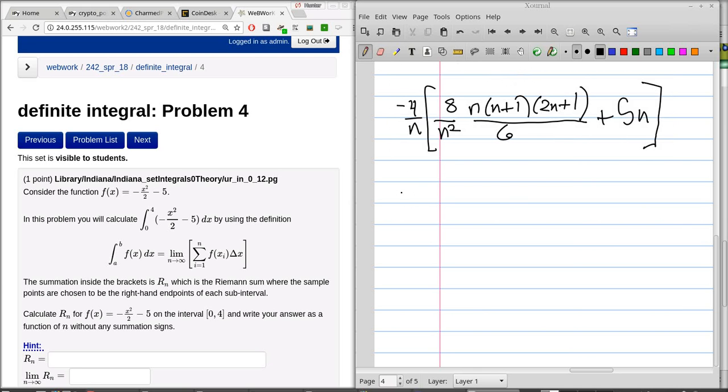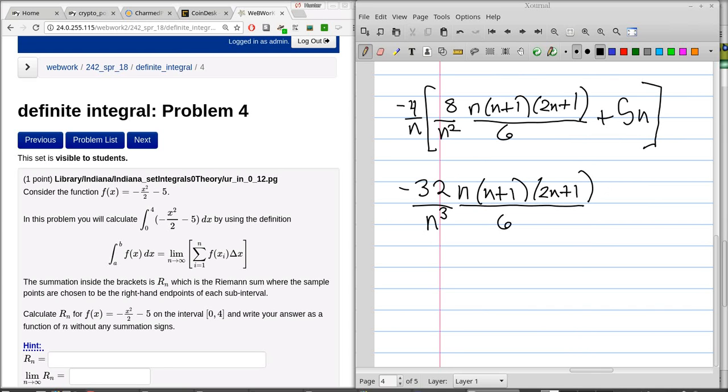Okay. So we've got the answer to the first part here. That is Rn. But we can simplify it. So let's multiply this by negative 4 over n. I get negative 32 over n cubed, and I've still got n times n plus 1, 2n plus 1 over 6. All right, so this is good.